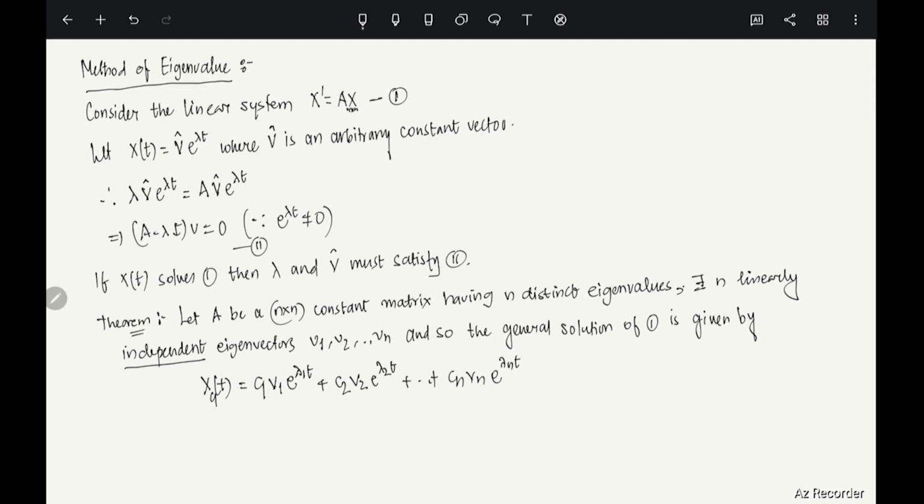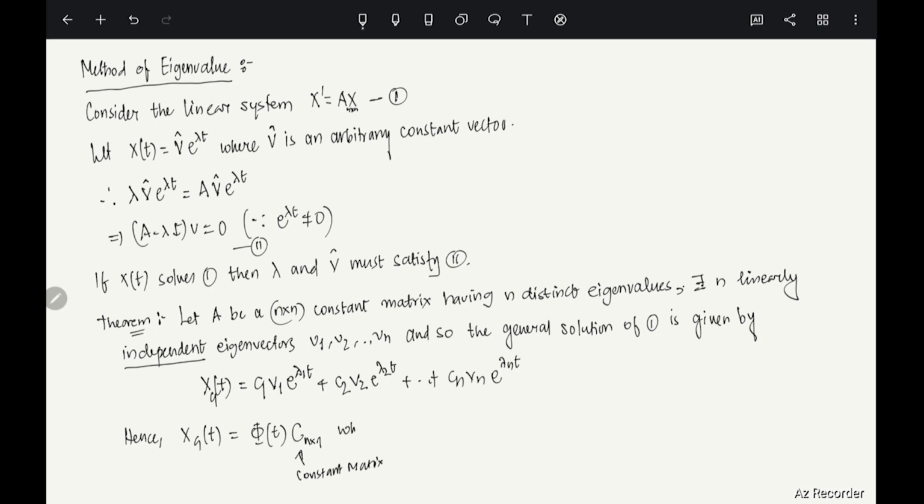Hence xg of t can be written as phi of t, the fundamental matrix, times a constant n cross 1 matrix c. We have looked at it previously, so we know that this is true.